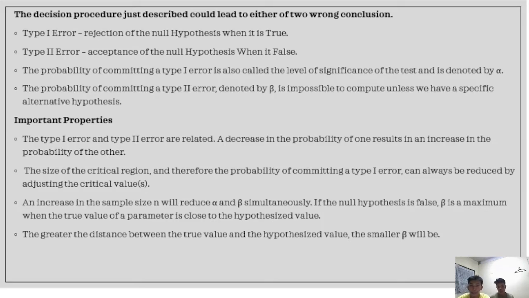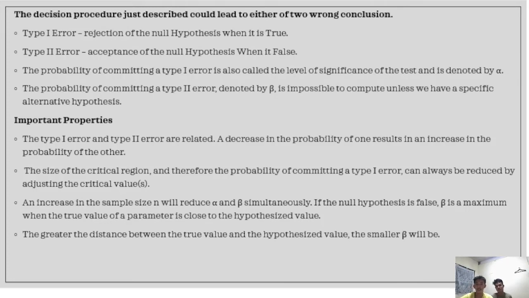The probability of committing a type 1 error is also called the level of significance of the test, and it is denoted by alpha. The probability of committing a type 2 error is denoted by beta. It is impossible to compute unless we have a specific alternative hypothesis.